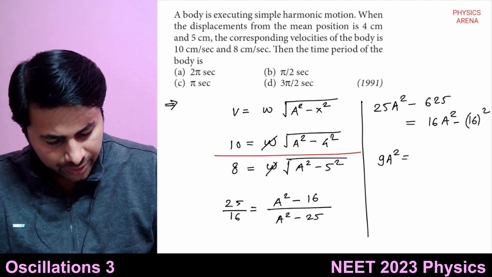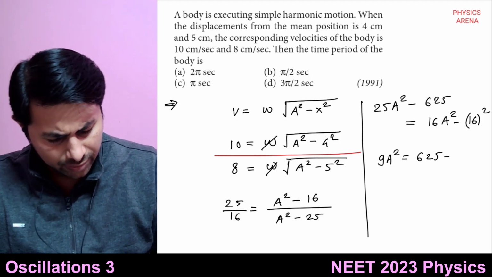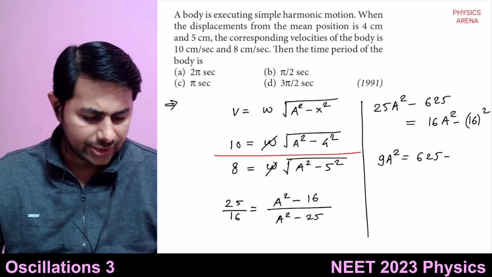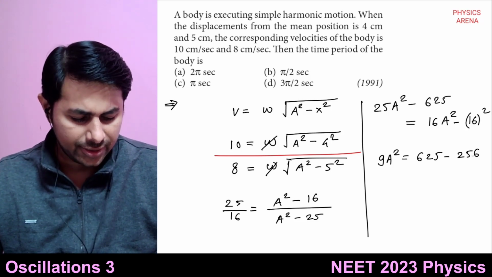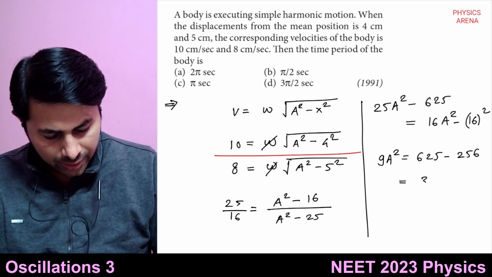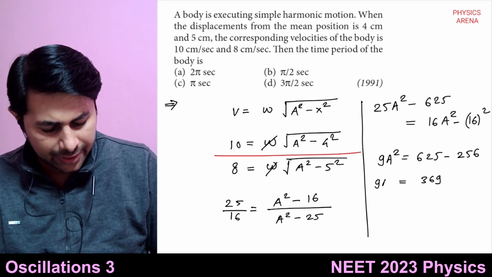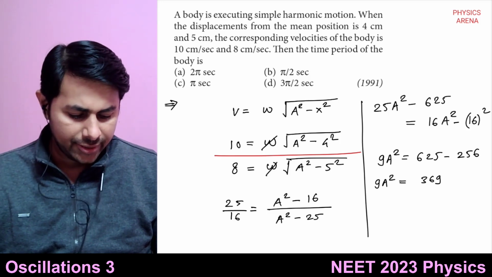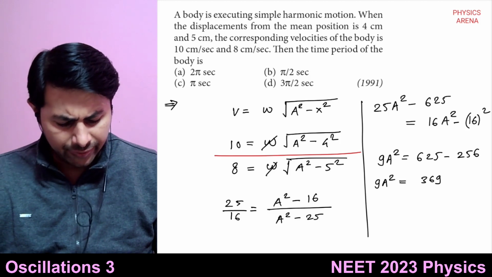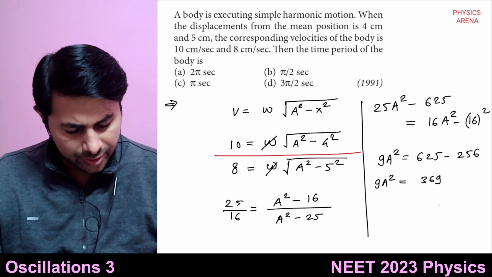So 9a square equals 625 minus 256, which is 369. This is 9a square. So from that we get a square, it will be 41, right?